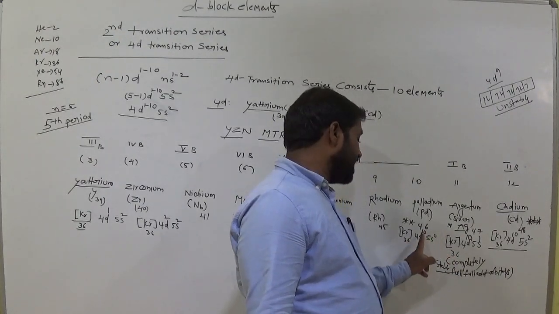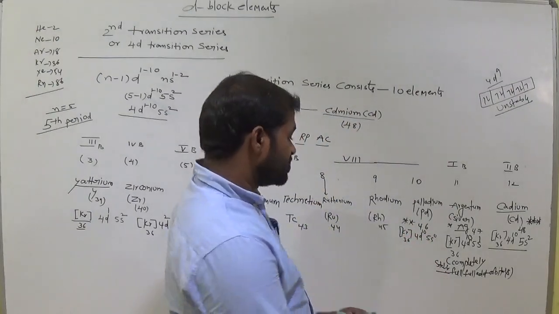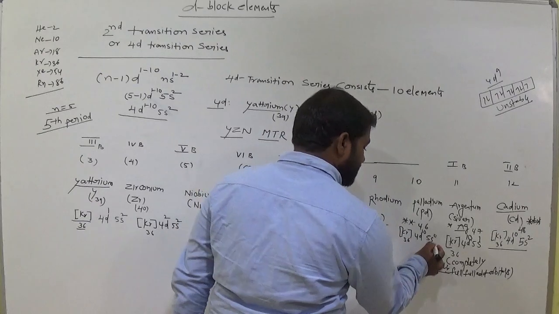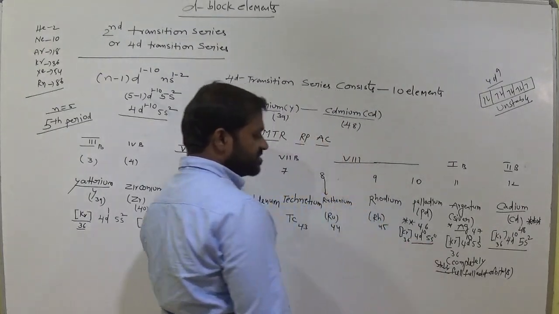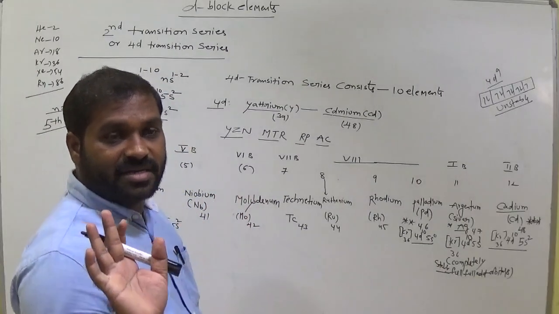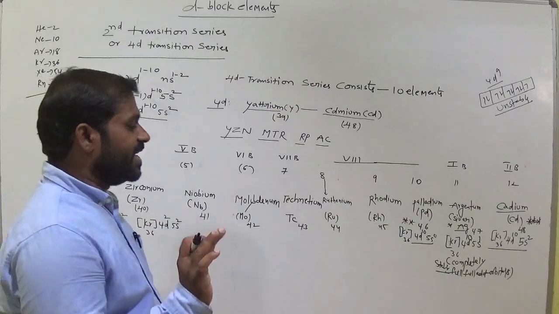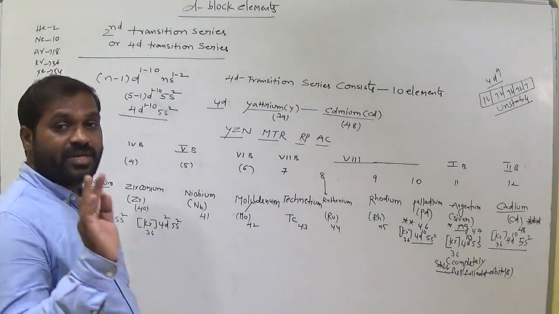These two electrons enter into d for getting stability. If you clearly observe this, there is no electron in the 5s in palladium. Clear? What is the general electronic configuration of palladium here? Krypton 4d10 5s0. You should remember that.